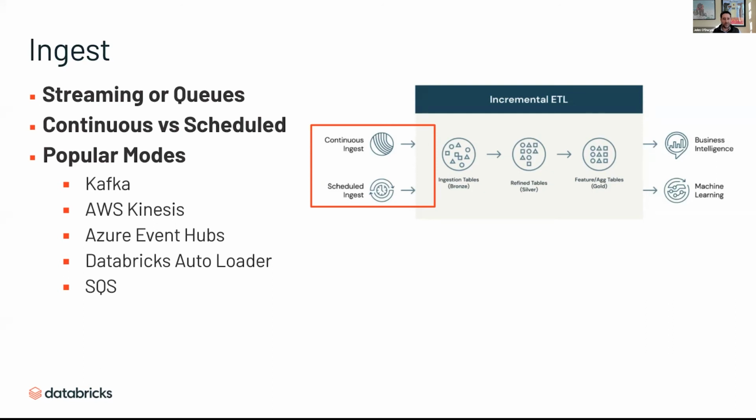Popular modes of ingest are Kafka. That would probably be the main open source technology that people use for this. Others are Kinesis on AWS, Event Hubs on Azure, and then queue-based systems would be SQS, which is on AWS. Databricks has a technology called Autoloader that's great for this.